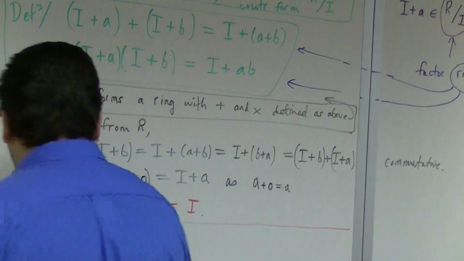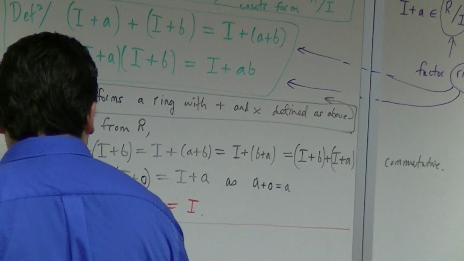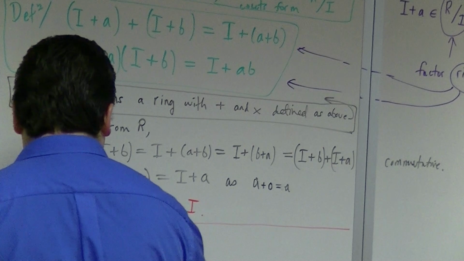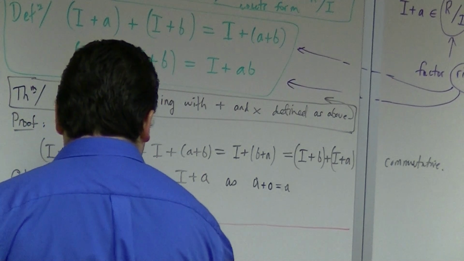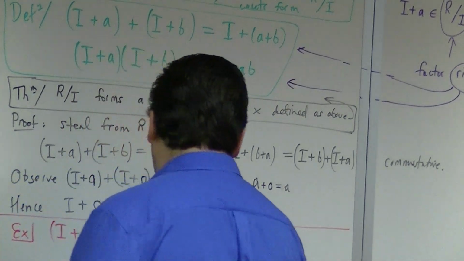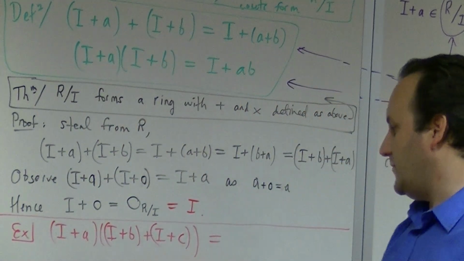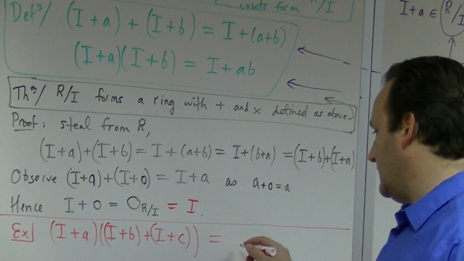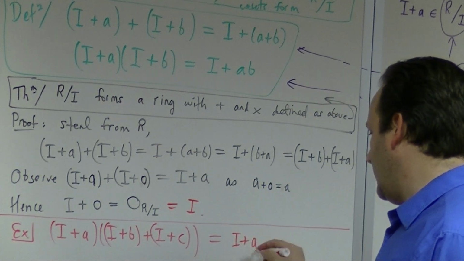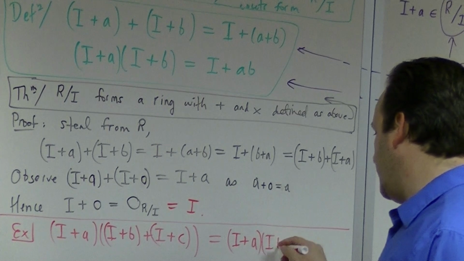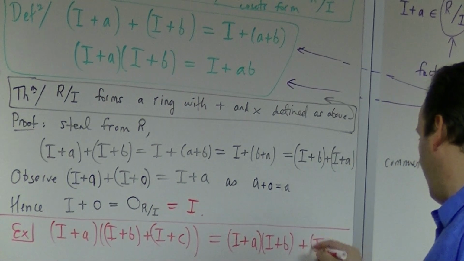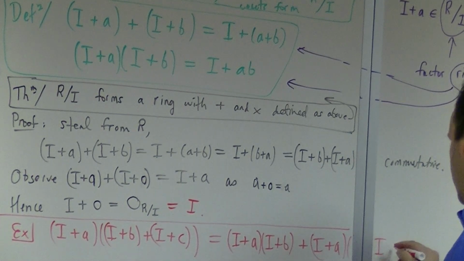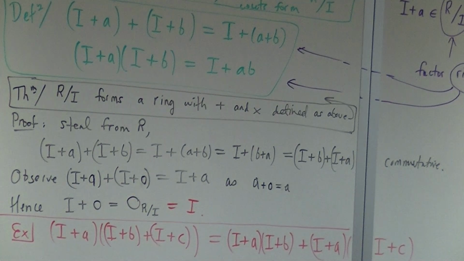So exercise, show that I plus A times I plus B, plus I plus C, is equal to what? The distributive property says we should have I plus A times I plus B, right? Plus I plus A times I plus C. That would be the distributive property of multiplication in the factor ring.